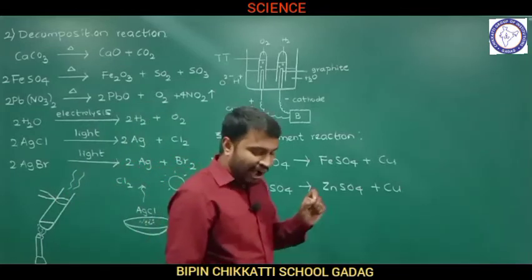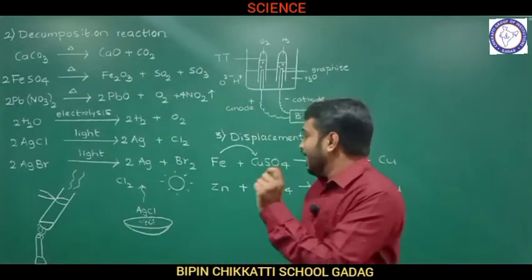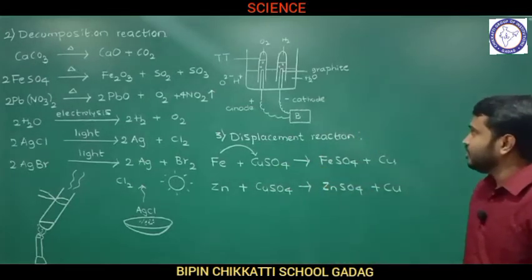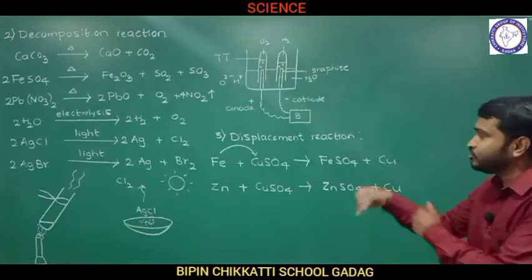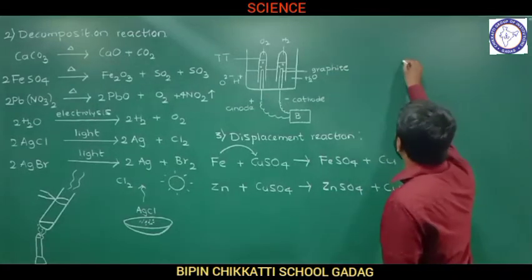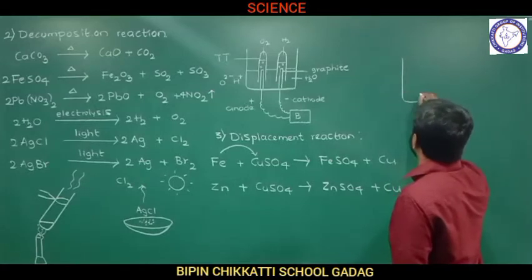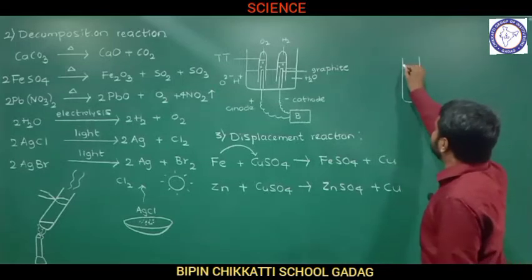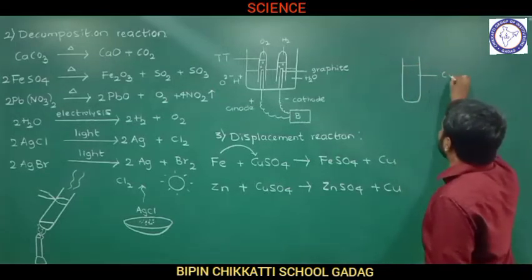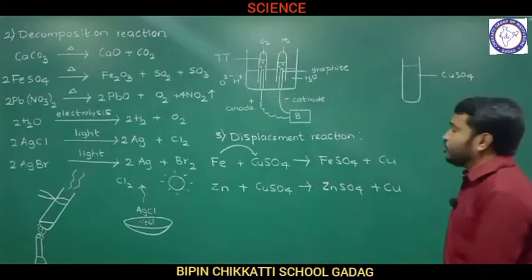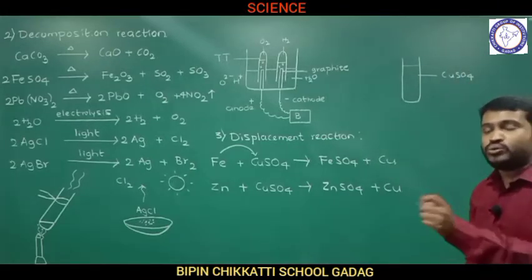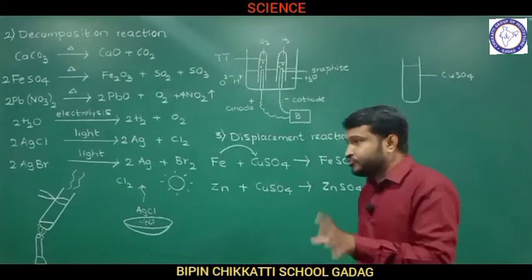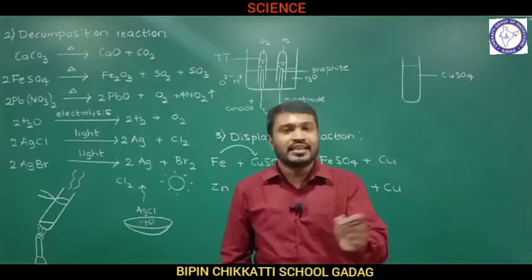So we'll see how actually the element is going to be displaced here. Now I am going to explain the first reaction with one experimental setup, and we will see how actually the displacement reaction takes place. Let us assume I am going to consider a test tube, and inside the test tube I am going to consider CuSO4, copper sulfate, copper 2 sulfate actually, cupric sulfate is the right name, and the physical state of CuSO4 is blue colored crystalline solid.